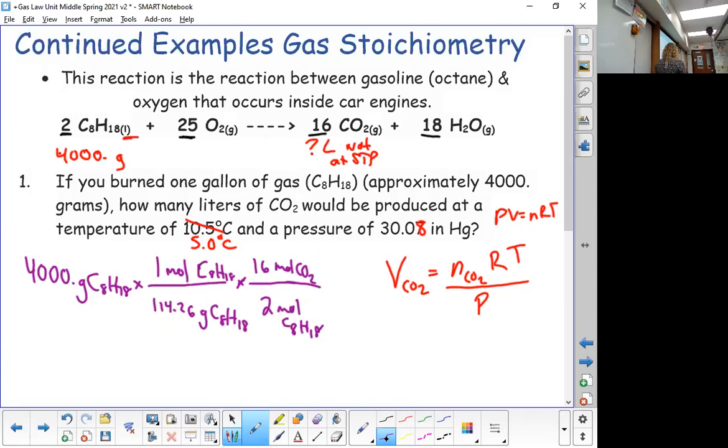So we're burning way more than a mole's worth. It's like 35 moles worth. So 35 times Avogadro's number of octane molecules with 1 gallon of gas. Moles of CO2: 280.063 moles of CO2.